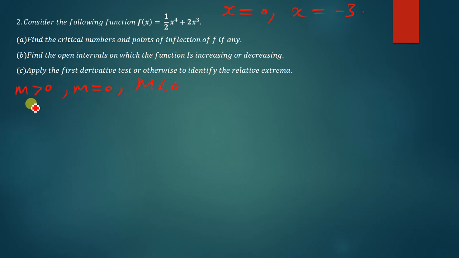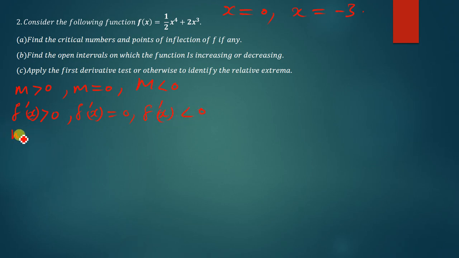Then in terms of dy/dx or f prime of x, we say f prime of x is greater than 0 when it is increasing, and then at a minimum or maximum f prime of x is equal to 0, and when it is decreasing, f prime of x is less than 0.